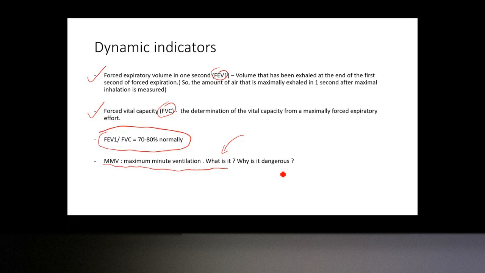Why is it dangerous? If you ask a person to breathe in as many times as possible and as much air as possible, why can it be dangerous for him or her? Think about it. You're breathing very fast, so what can happen? You're losing a lot of carbon dioxide very quickly.